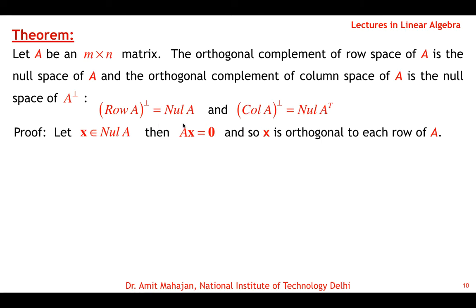The first row multiplied with X gives the first 0 element, the second row multiplied with X gives the second 0 element, and so on. That's how the homogeneous system is written. So that means the X vector is orthogonal to each row of A.